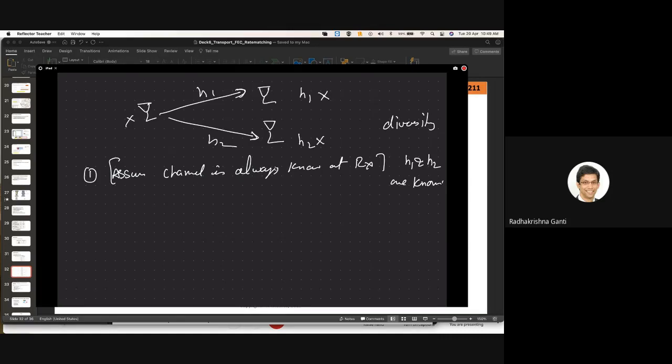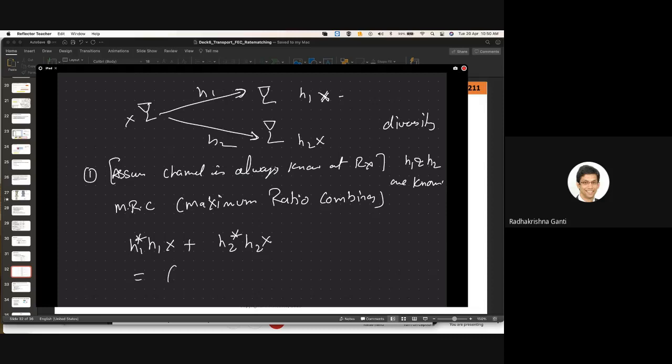One thing they do is called maximum ratio combining, MRC. They multiply the first antenna with H1 conjugate, multiply the second antenna with H2 conjugate, and add.